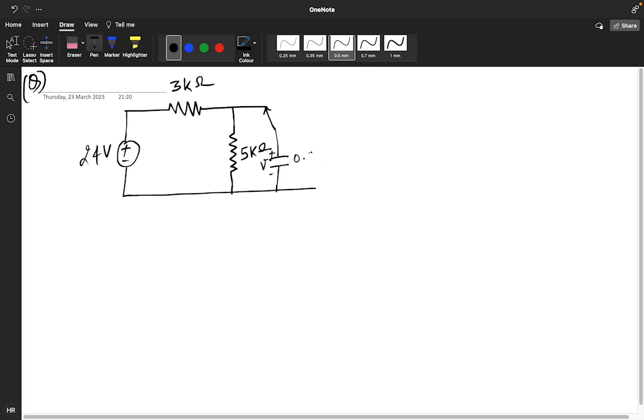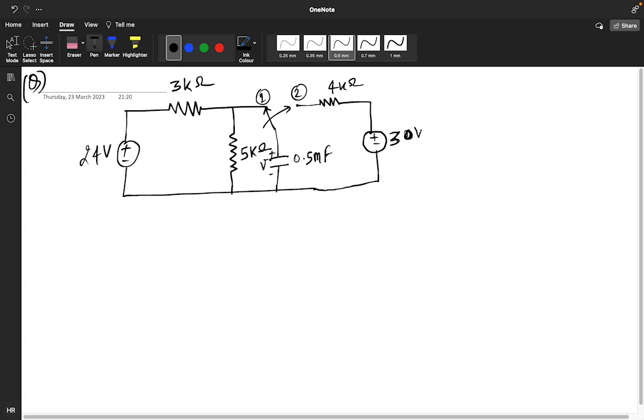This is 0.5 microfarad, and the switch is moving from position 1 to position 2. This is 4 kilo ohm, and a 30 volt source.